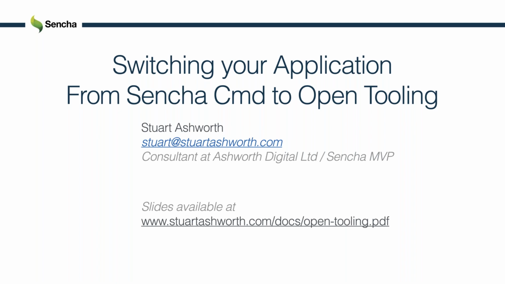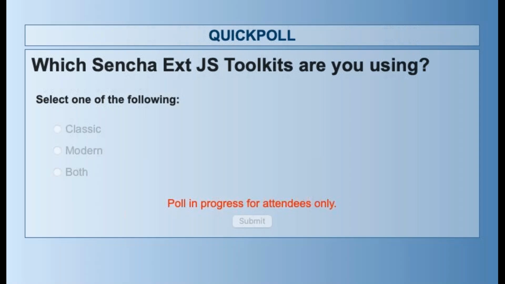And the last question that we'll ask today is which Sencha toolkits are you using? Are you on Classic, Modern, or both? And certainly as we've been going through this series, we've seen more people picking up and using Modern as well as Classic, which is great to see.